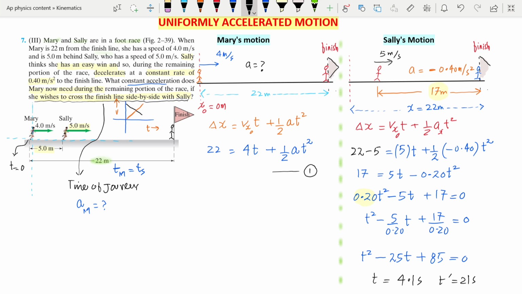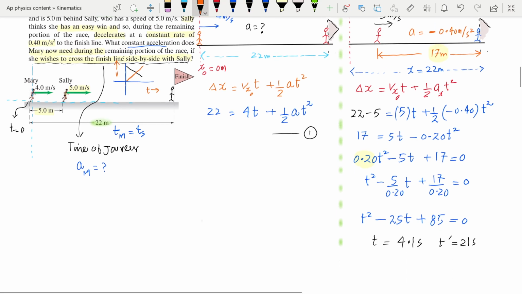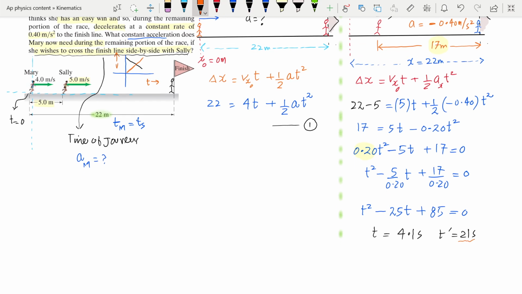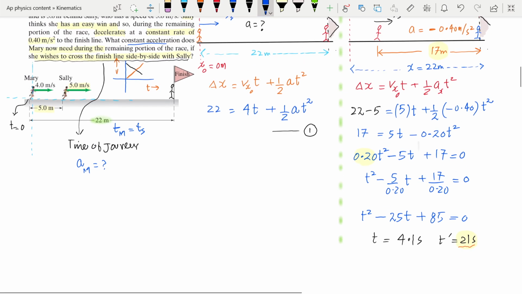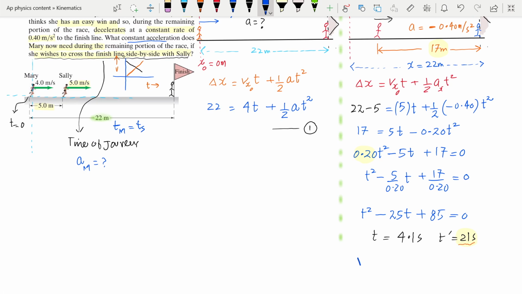this quadratic equation. Now we have to check quickly which one of the possible values is valid. For example, if I use this 21 seconds to check its validity, I want to know when Sally reached the finish point, so I want to find Sally's final velocity.